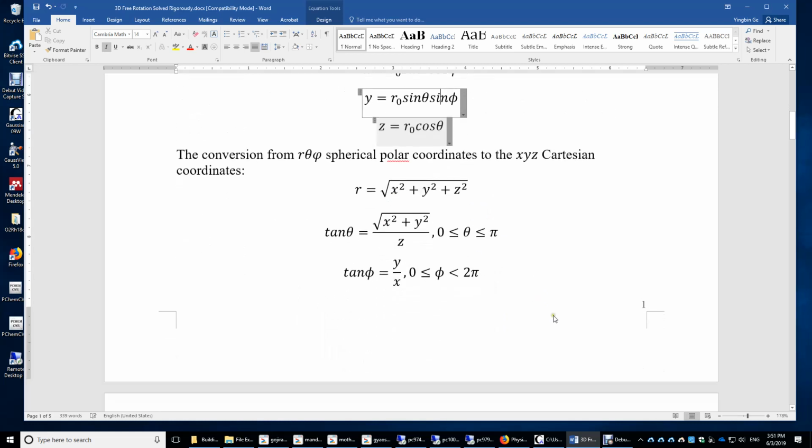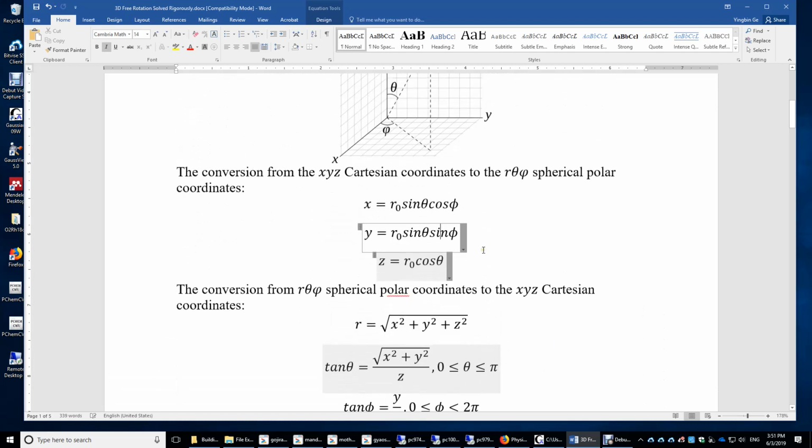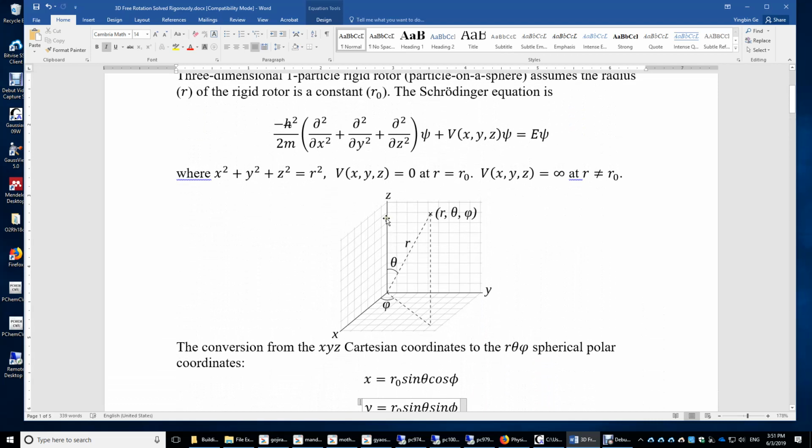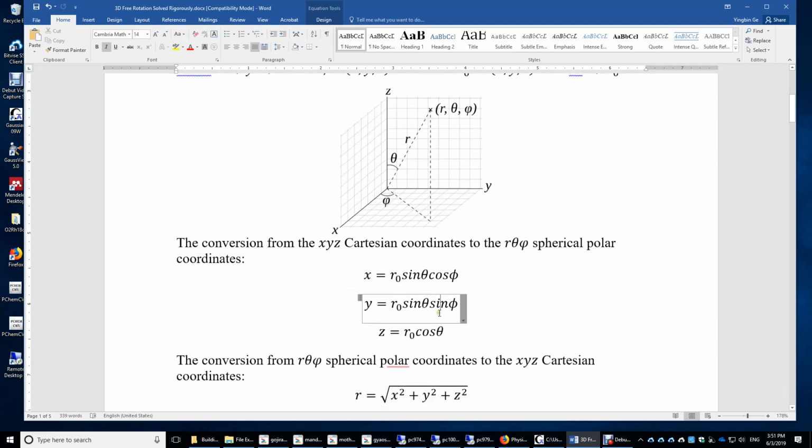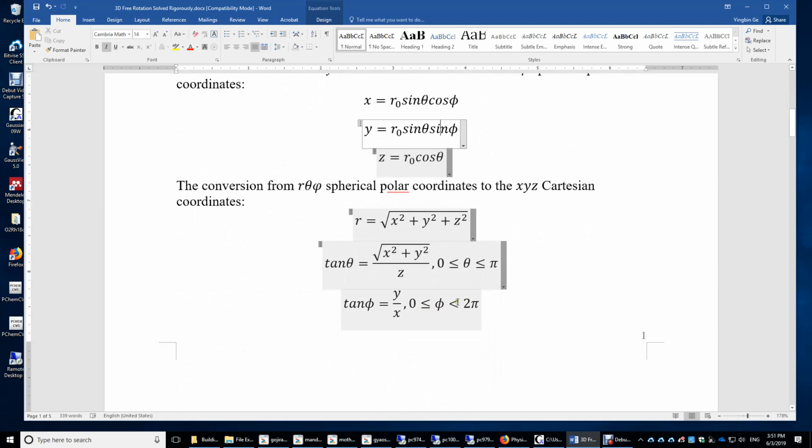What about the range of theta and phi? Theta is from 0 to pi, so we can see this here. When r is on the z-axis, theta is 0. And it can be pi when r is pointing to the opposite direction of z. So it's from 0 to pi. It corresponds to the latitude of Earth. How about phi? Phi is from 0 to 2 pi.